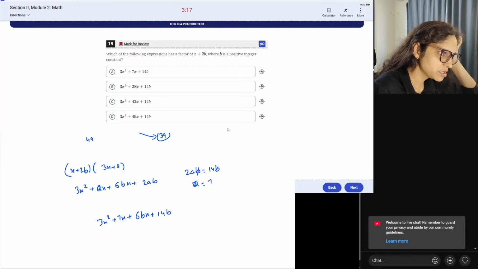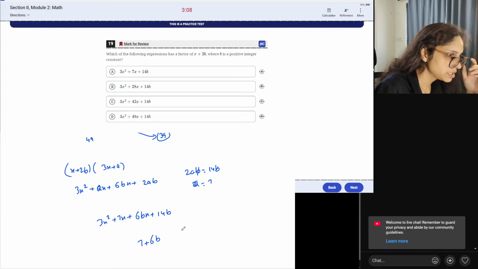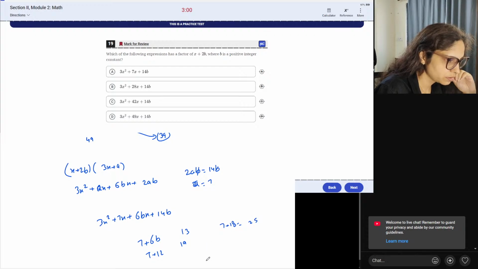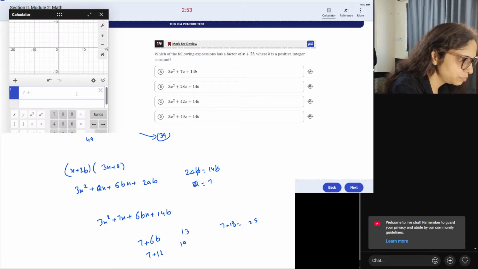So we're getting 6b plus 7. b is a positive integer constant. 7 plus 6 is 13. 7 plus 12 is 19. 7 plus 18. 7 plus 6x.